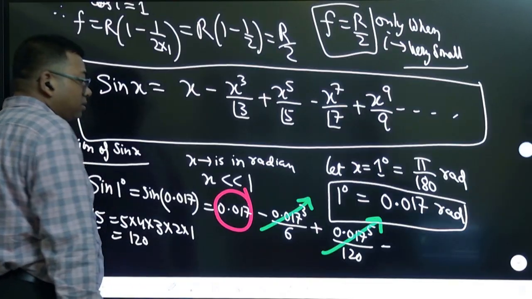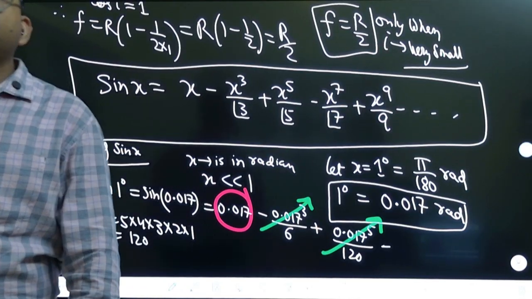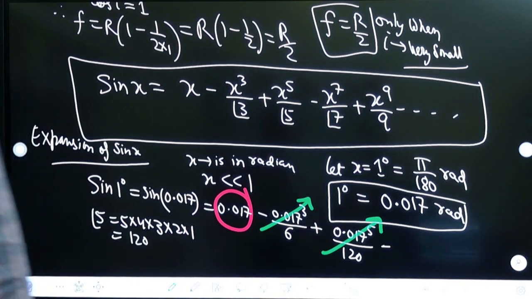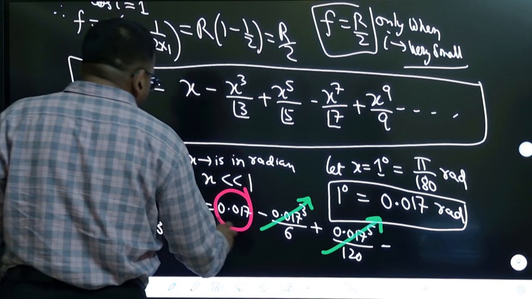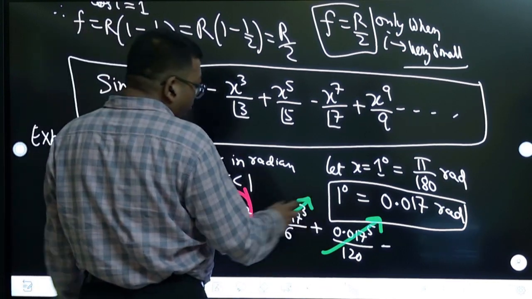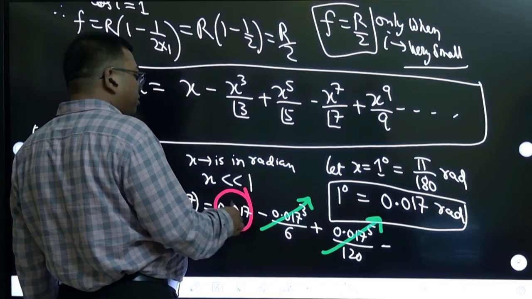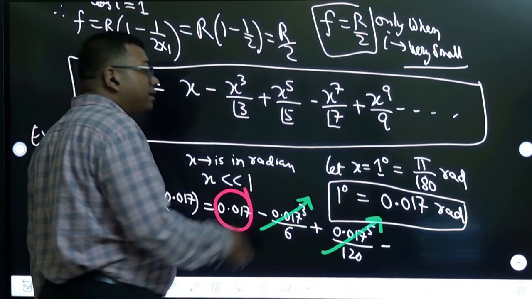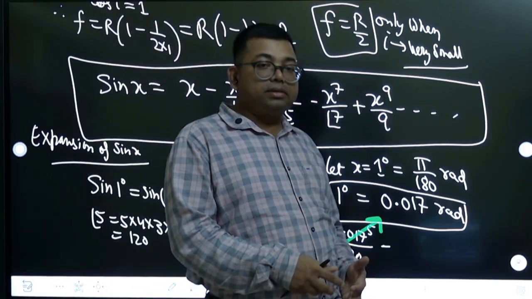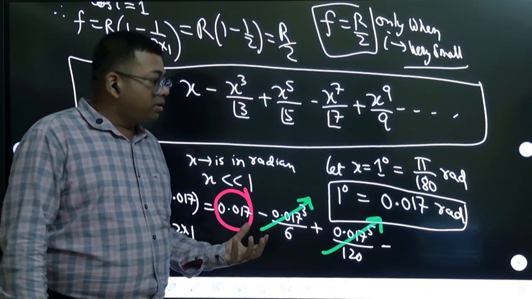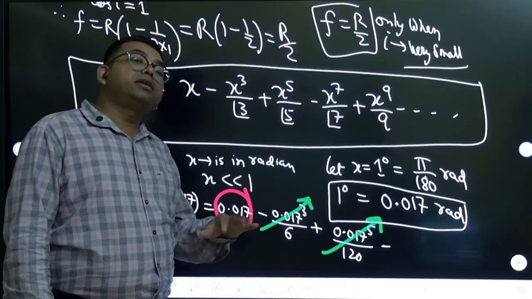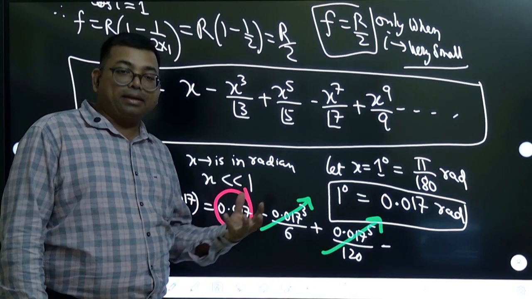This is maths. So that is why you can write this approximation. Up to 10 degrees, you can write only the first term. It's not 100% accurate, there will be error.